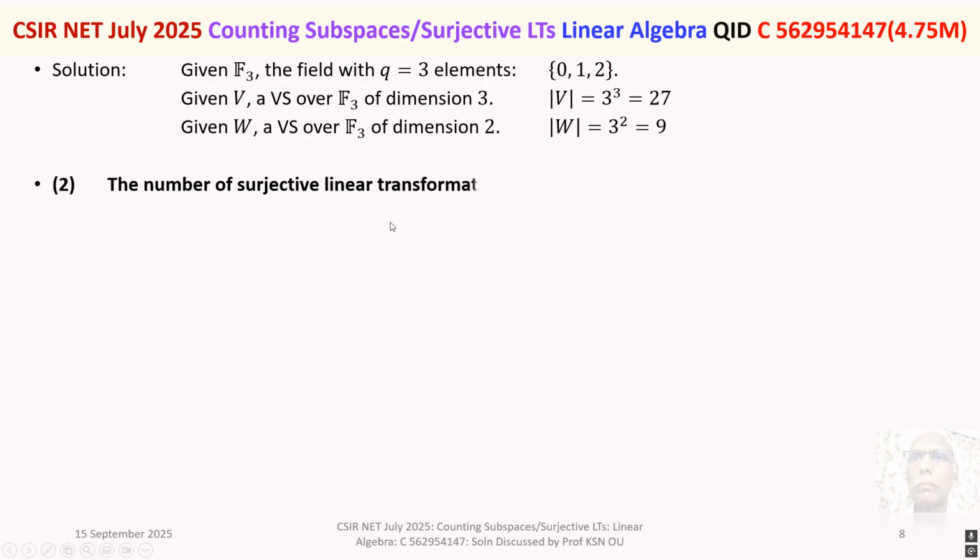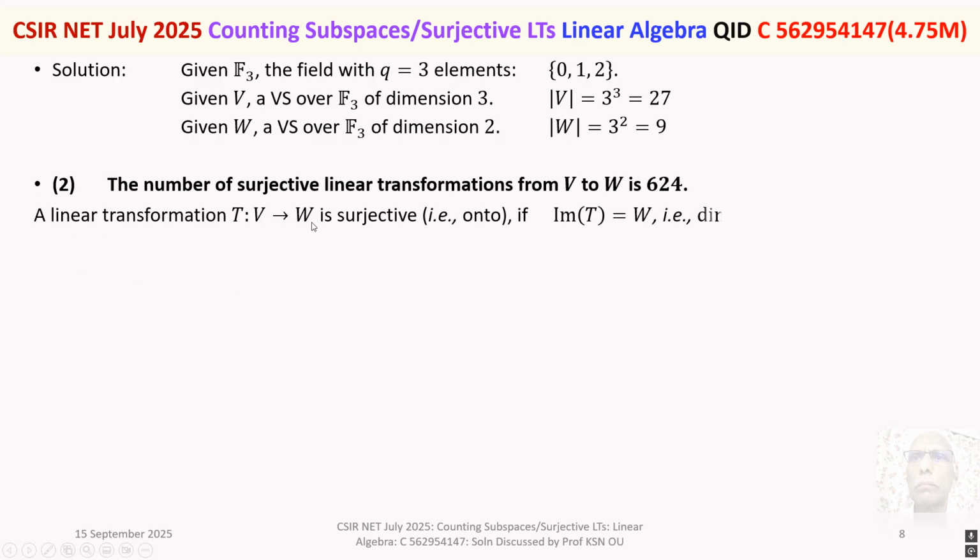This counting is interesting, and you have to understand this. The number of surjective linear transformations, surjective means onto linear transformations, from V to W is 624. First, let us see the surjective case. A linear transformation T from V to W is surjective, that is onto, if the image of T is the whole of W. That is, the dimension of image of T is equal to the dimension of W, which is 2.